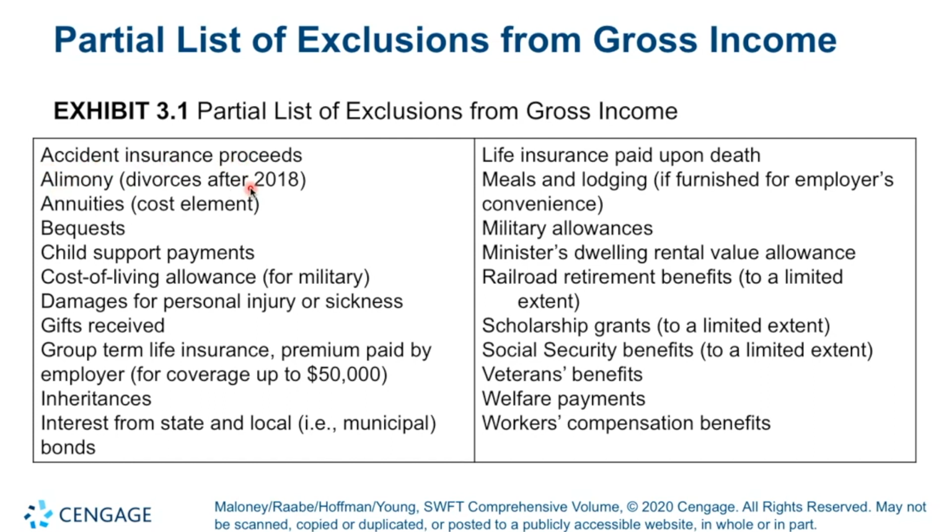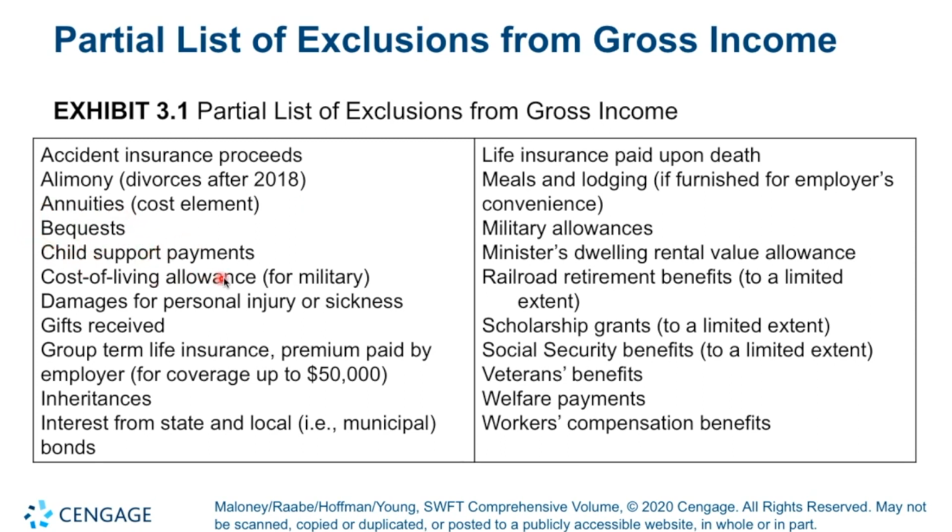Typically alimony was taxable income, and the person who paid alimony got to take a deduction for it, but that was part of the 2017 tax changes for divorces after 2018. Annuities, this gets a little complicated, but an annuity is a retirement plan you pay into. We'll go through these in greater detail. I'm just going to run through them now.